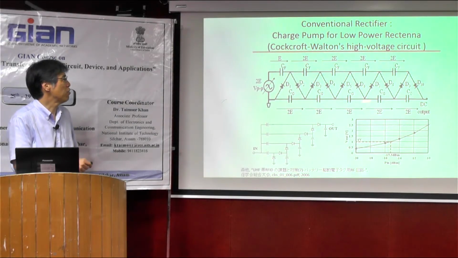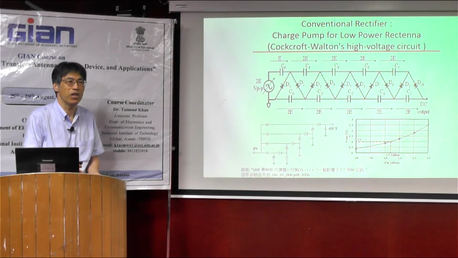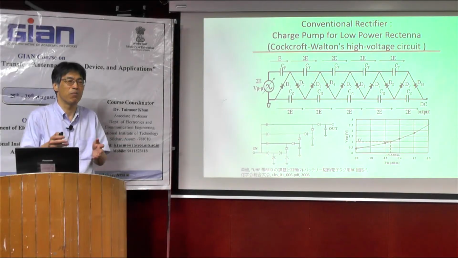So this circuit is very good for increasing the output voltage, because input power is very small, but the user requests, for example, 5 volts or 3.3 volts or more.